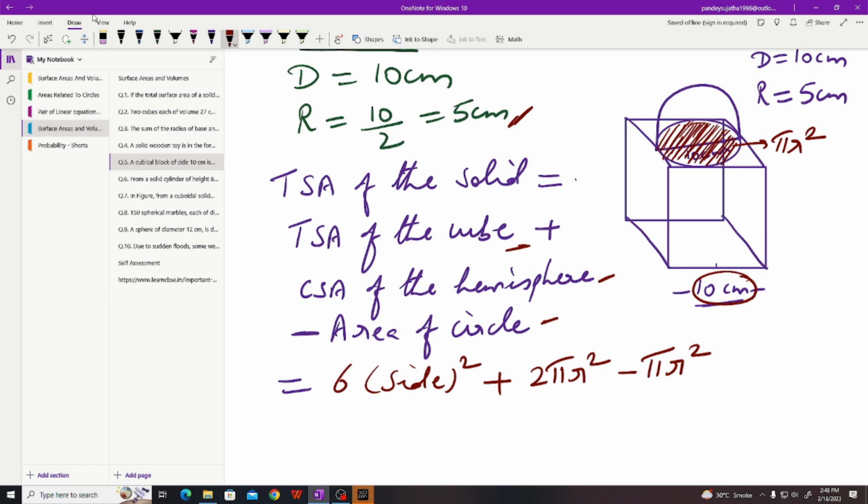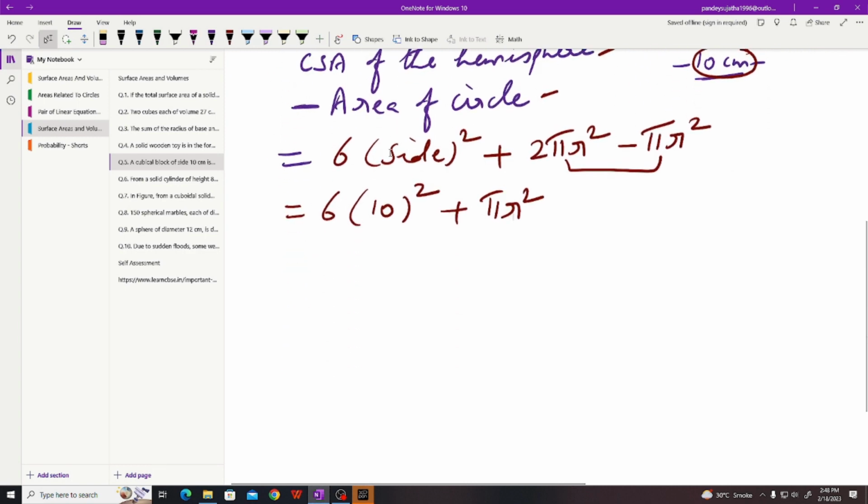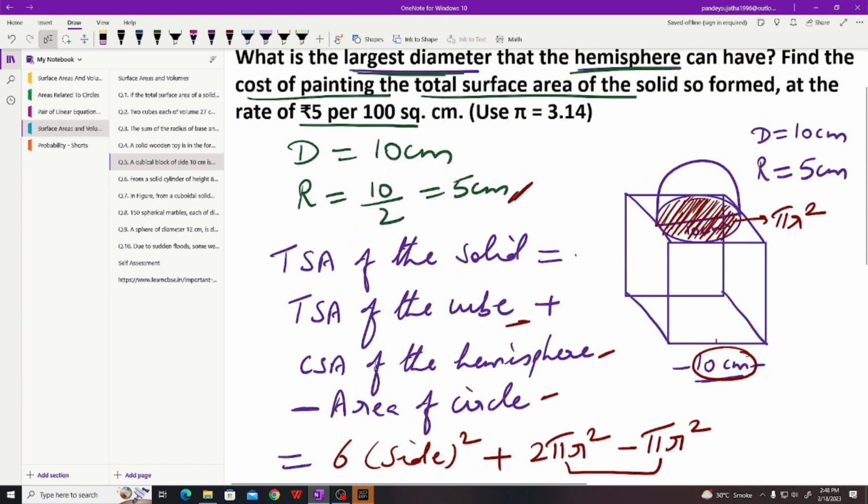So let's put the value. So 6 into side of the cube is 10 centimeter. So side square is 10 square plus, solve this first, 2 pi r square minus pi r square is pi r square. So which is equal to 6 into 10 square is 100 plus the value of pi is 22 upon 7 and radius of the hemisphere is here 5 centimeter.